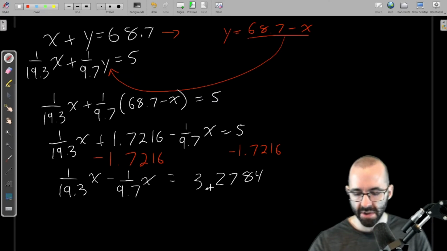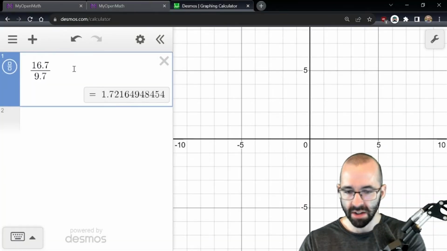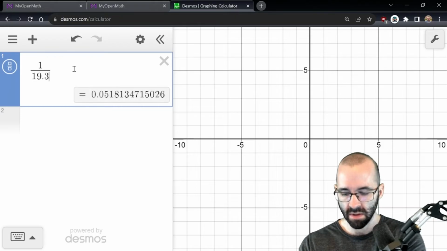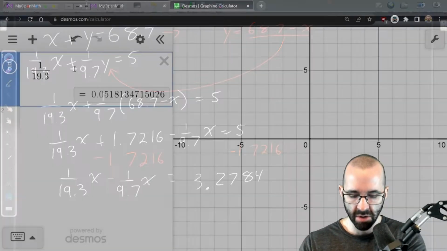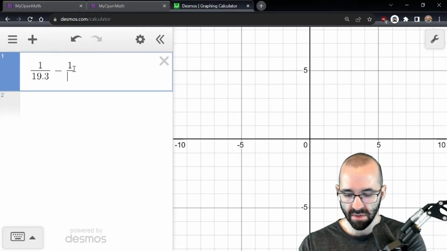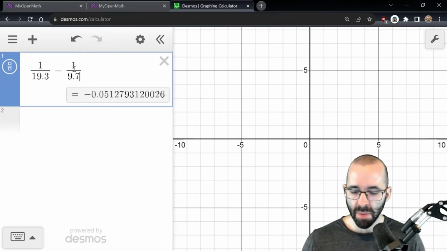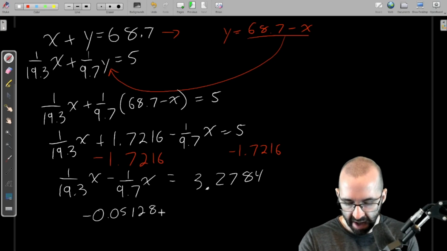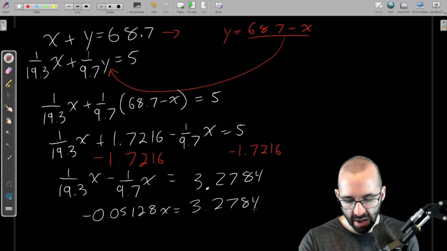Now we just combine the x's and then divide. Okay. So we'll go over to here. What is 1 over 19.3, subtracting 1 over 9.7? That's about negative 0.05128 x's. That's equal to the right-hand side. And now we just divide.